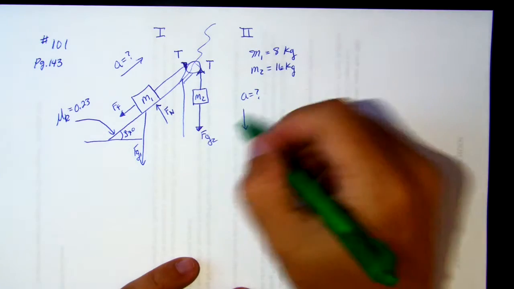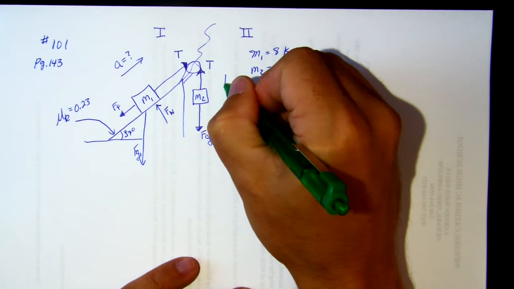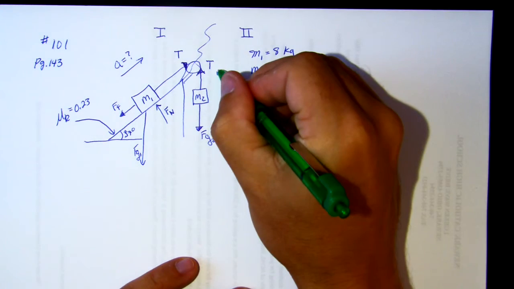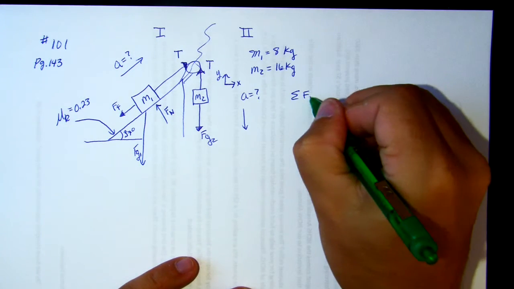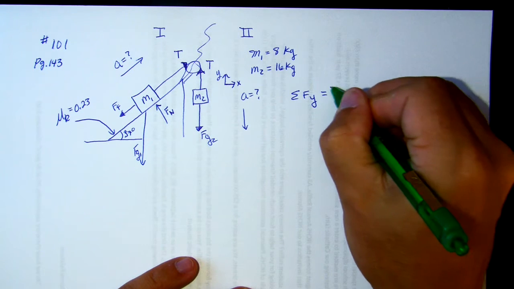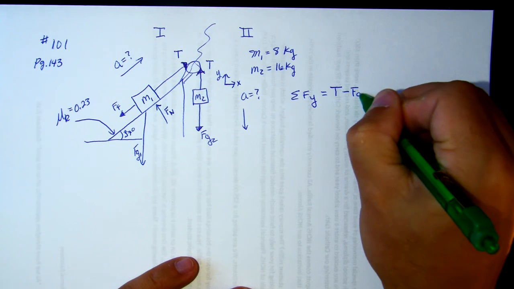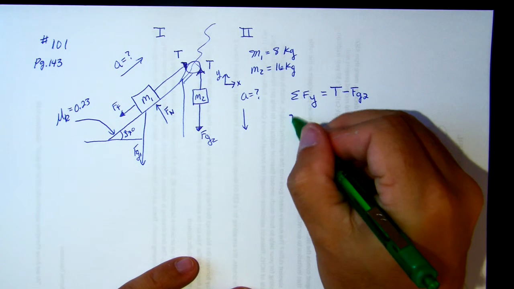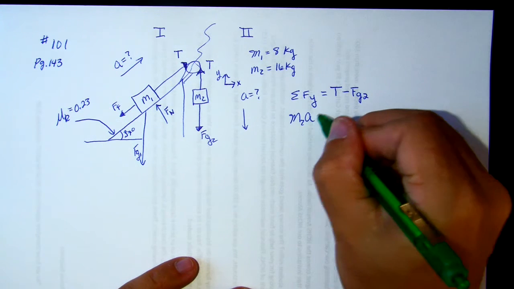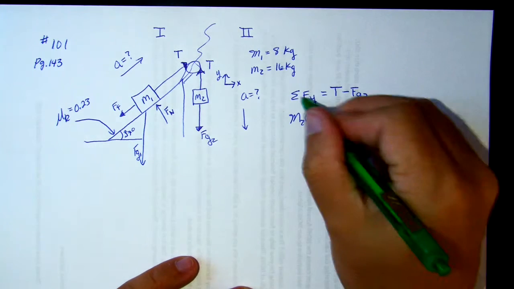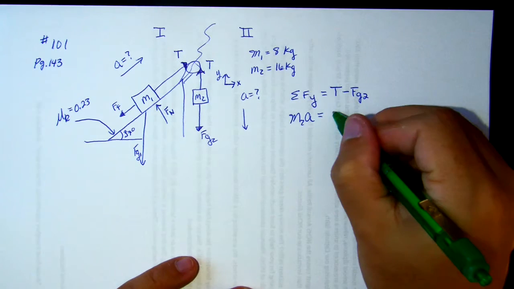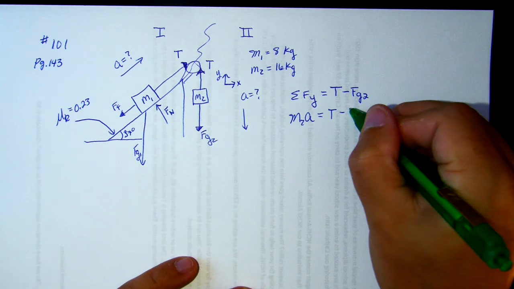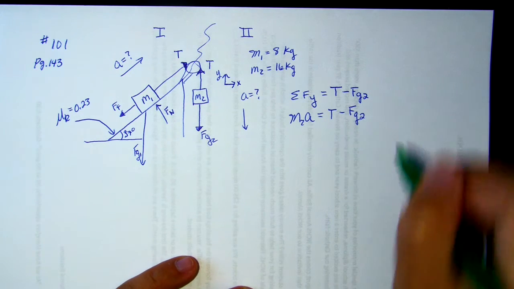So in part 2, I'm going to make this my coordinate system. The sum of the forces in the y direction is T minus FG2. But Newton's second law says M2A is the force on this side, so that has to be equal to the tension in the string minus force due to gravity 2.